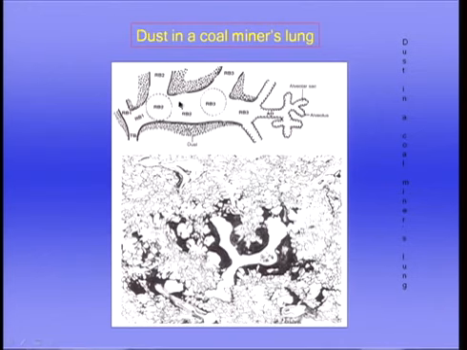Incidentally, I should just mention here as a caution that the fact that we find the dust here doesn't mean that it hasn't been transported to some extent from elsewhere, but nevertheless, we know this is the region where the dust is deposited.